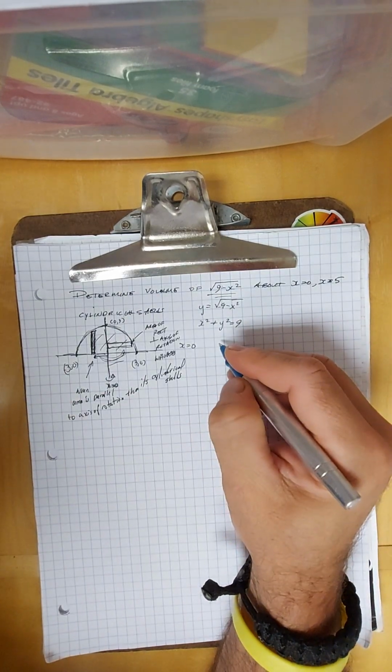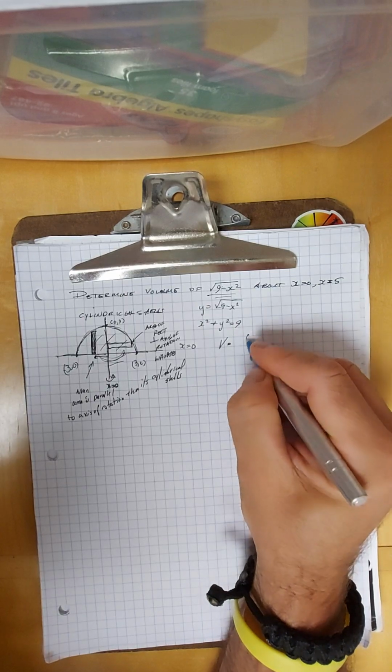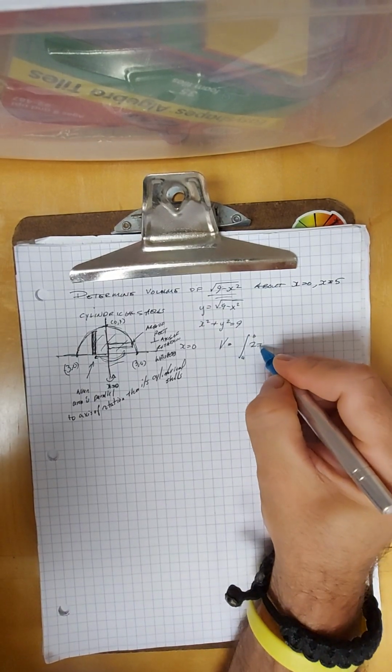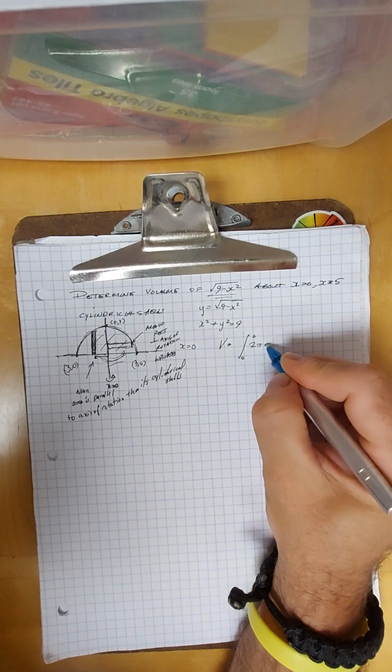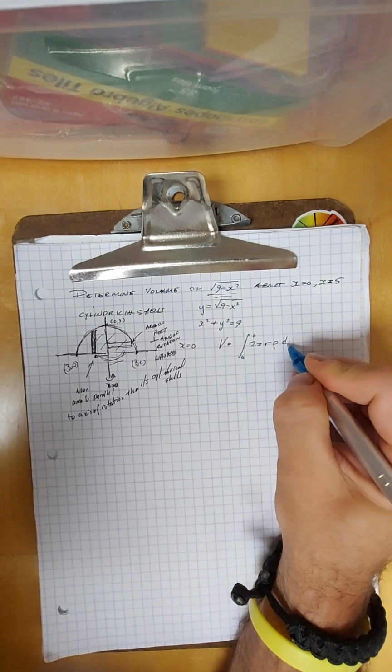Okay. All right, so let's go ahead and look at the volume then for the cylindrical shells. So we have the integral from a to b of 2 pi r, and I usually call it rho, d something.